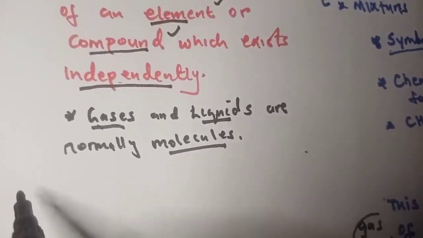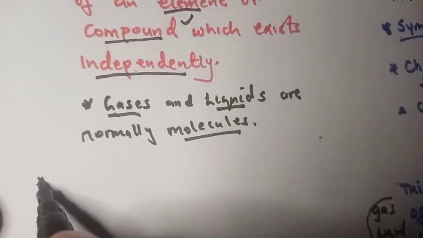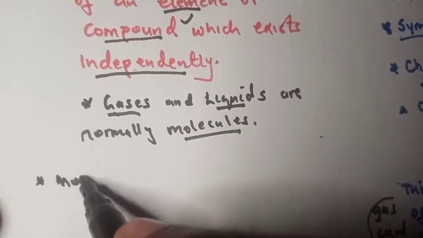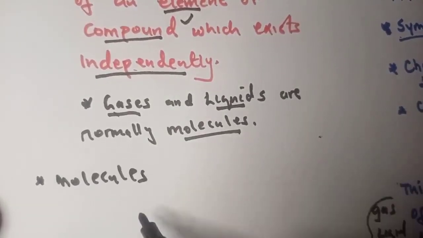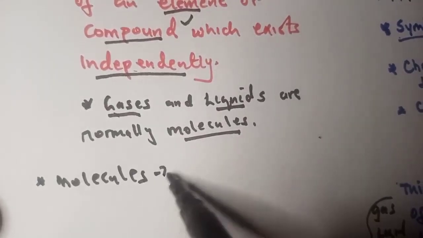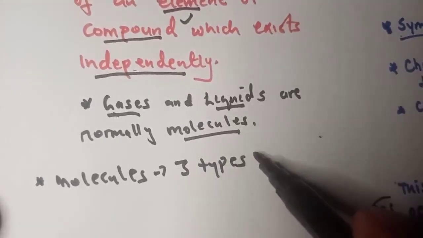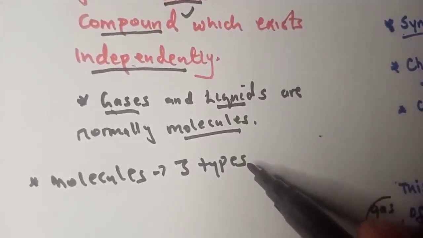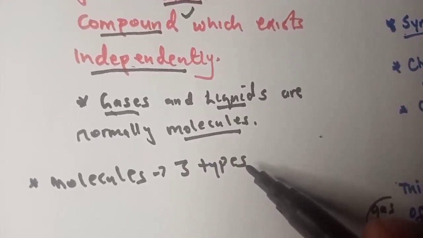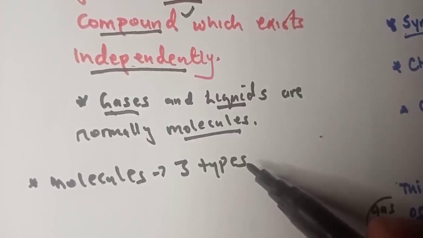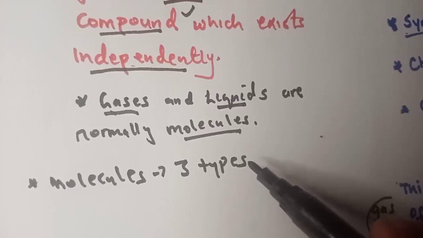So now we've defined what a molecule is. Let's look at something now. There are three types of molecules, and I want you to pay attention to this.